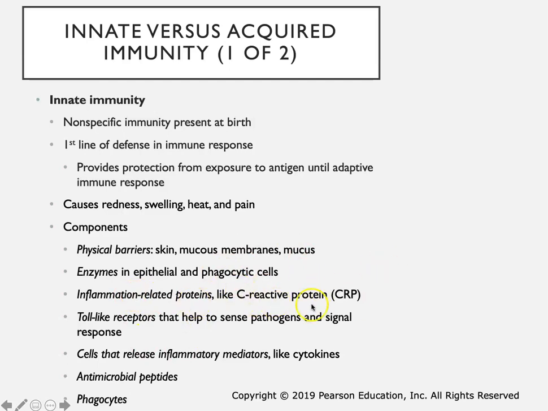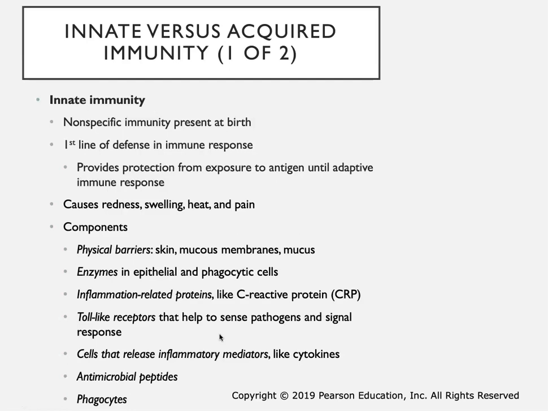Inflammation-related proteins like C-reactive protein, and I think we had a case study maybe that mentioned C-reactive protein before, but this is something that is measured in the blood, right? And so elevated levels of C-reactive protein indicate inflammation in general, okay? Toll-like receptors are receptors that sit on immune cells that help sense pathogens and start this whole process.